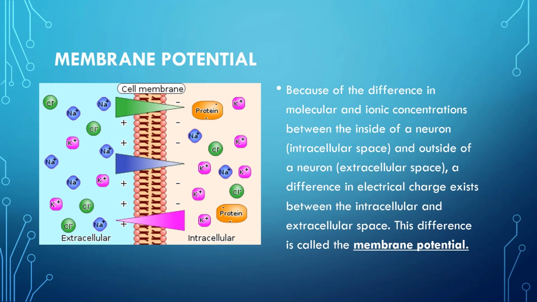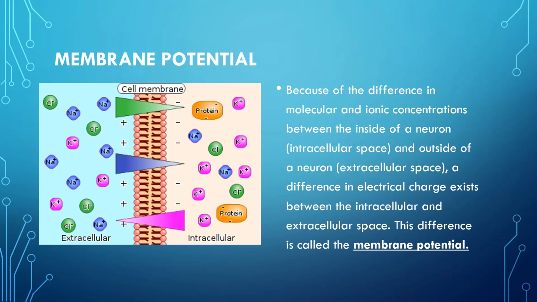So if we put together all of these different ideas where we have ions concentrated in one place and not another, and that we also have these forces that become very important to how different molecules or different ions move, then we come to one of the most important concepts for what this cell membrane is able to do, and that is that it creates a membrane potential or a membrane potential difference.